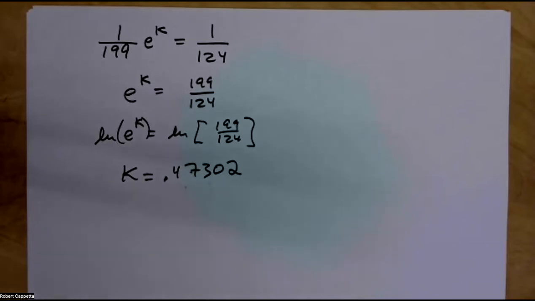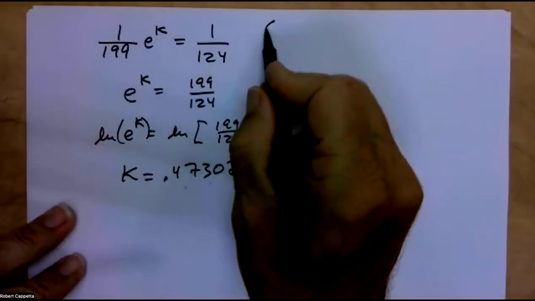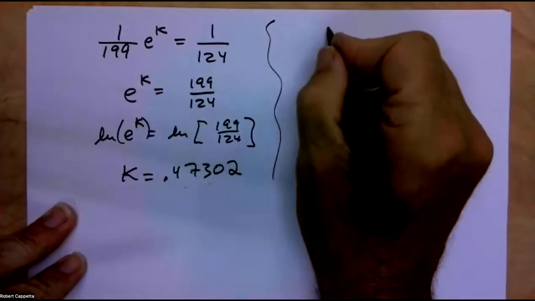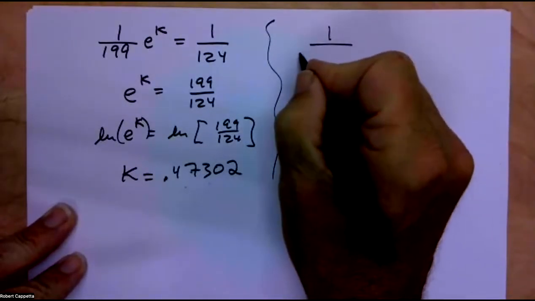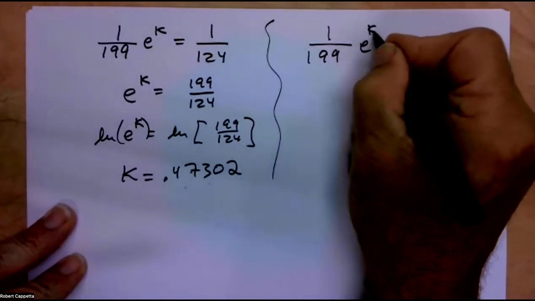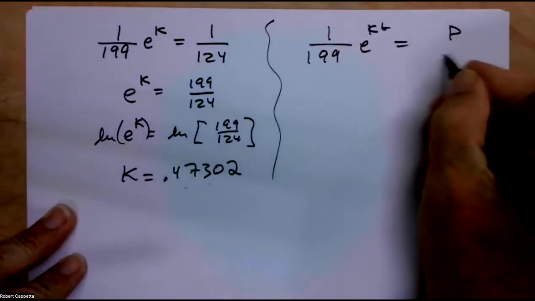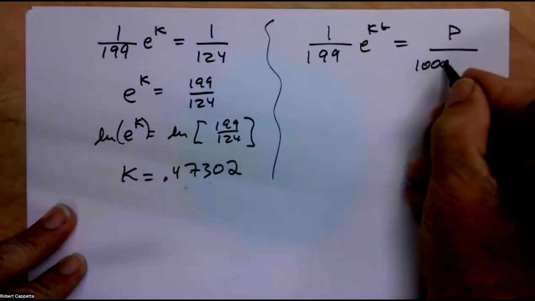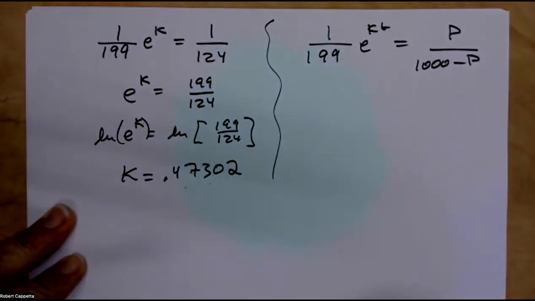So our previous line that we had sort of worked out was 1 over 199 e to the kt is p over 1,000 minus p. We've actually solved the differential equation now.